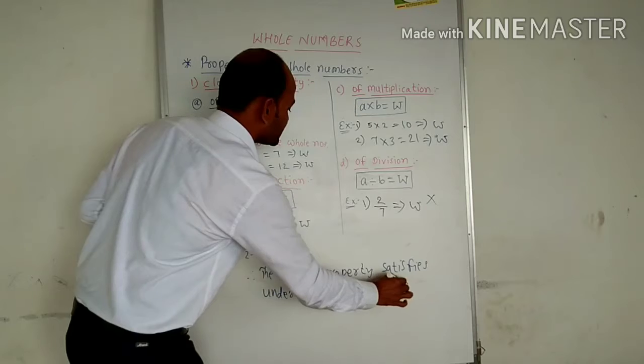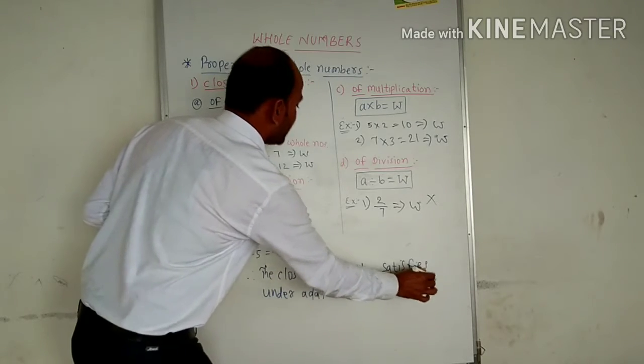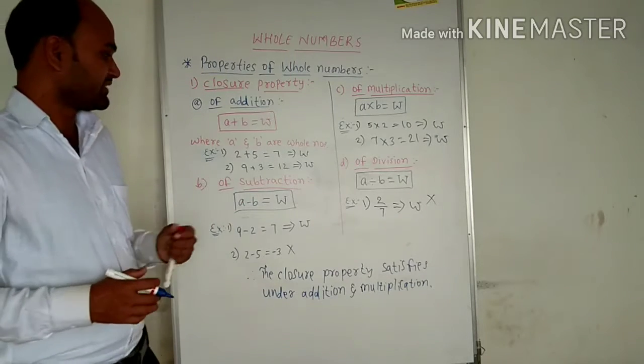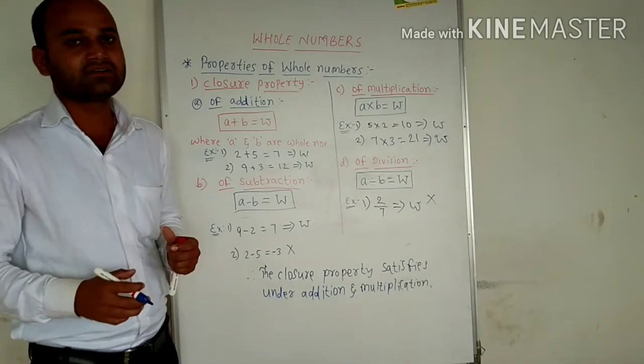The closure property satisfies under addition and multiplication. It does not satisfy under subtraction and division.